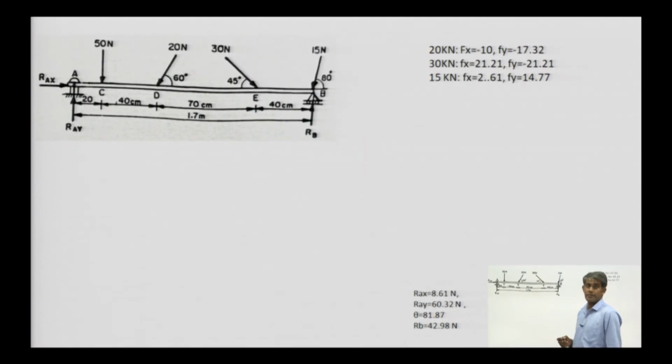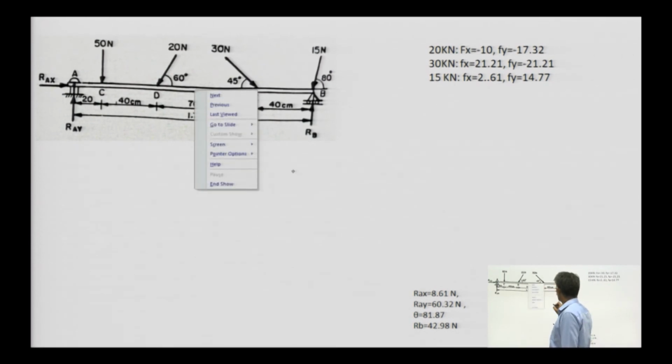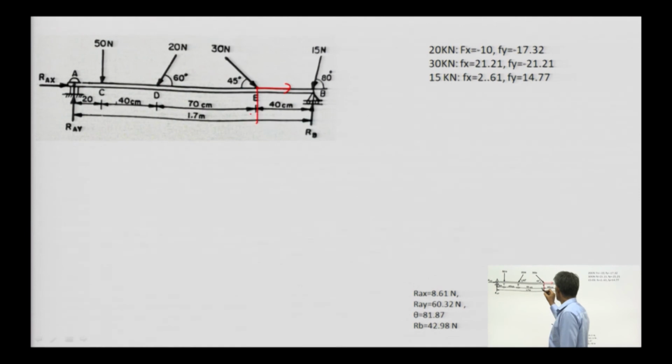In this question, step 1, which was not considered in the previous question, but here we will consider this one, the inclined force. So, we will resolve this force in this direction and this direction.